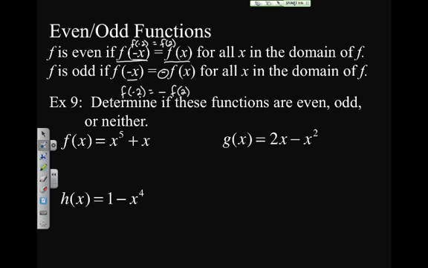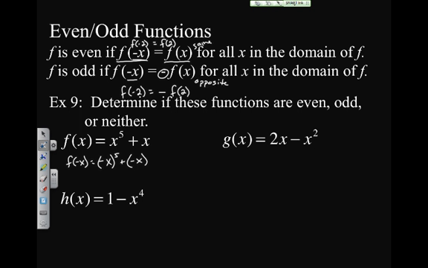So let's determine if these functions are even, odd, or neither, because just like numbers, we have even numbers, we have odd numbers, and then we have numbers that are not even or odd. So here's how we do this. We plug in f of -x, which would be (-x) to the 5th power plus (-x). Now remember, our two options are, it's either going to be exactly the same, or it's going to be an opposite.